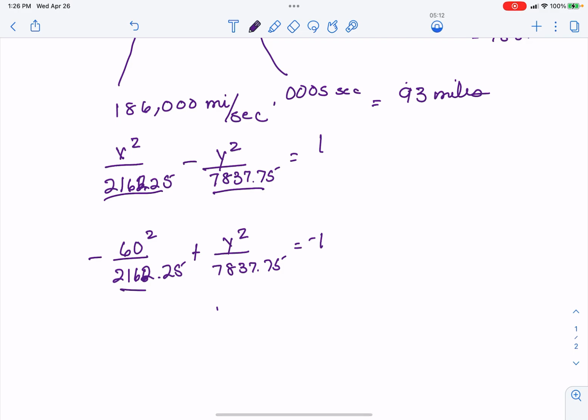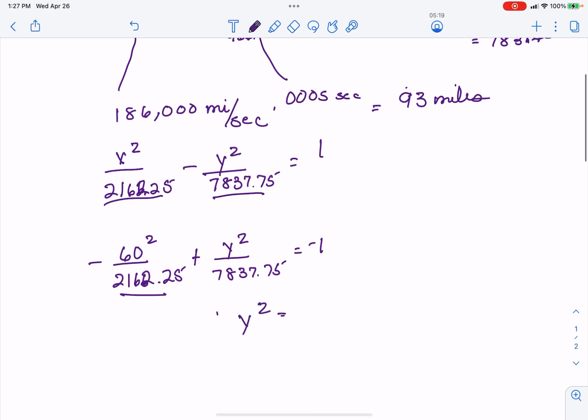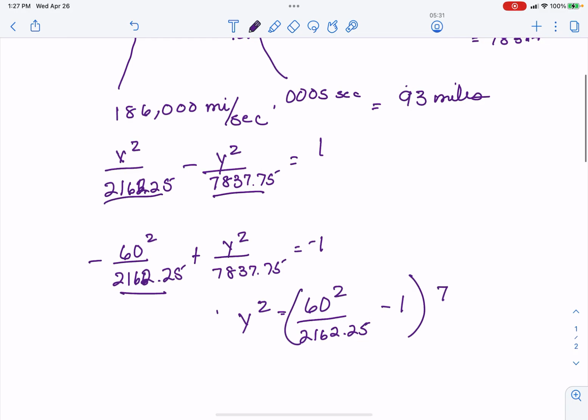So when I move this over, I'm going to have y squared equals 60 squared over 2,162.25 minus 1. And then to get rid of this other, I'm going to multiply by 7,837.75. That gets rid of that when I multiply both sides.